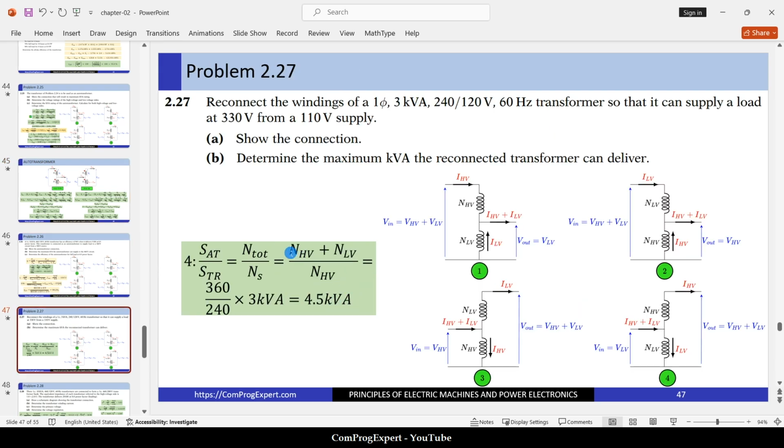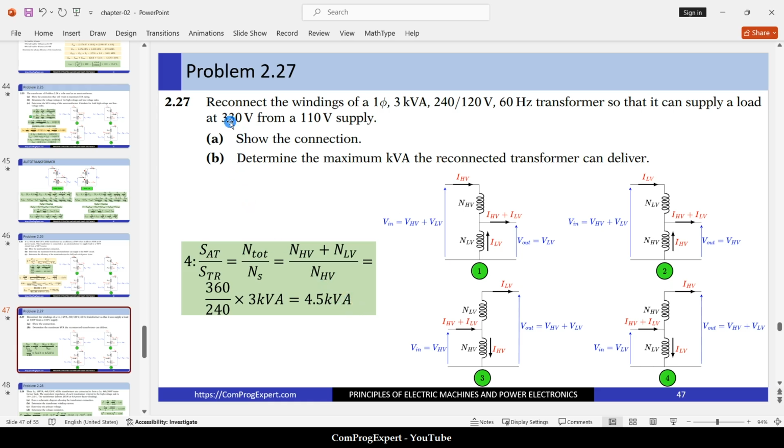So this is N high voltage plus N low voltage, the total. The series term is the high voltage. If you replace the rated values that we have here, it is equal to 4.5 kVA.